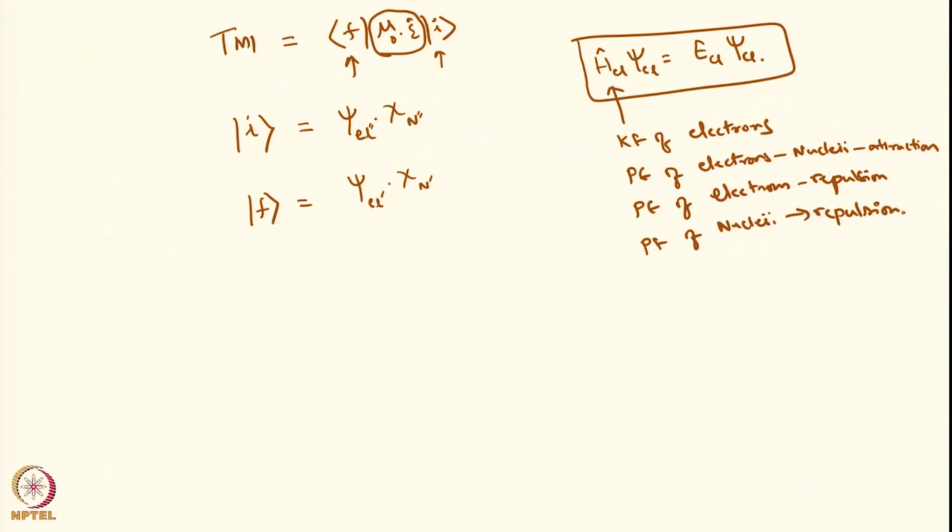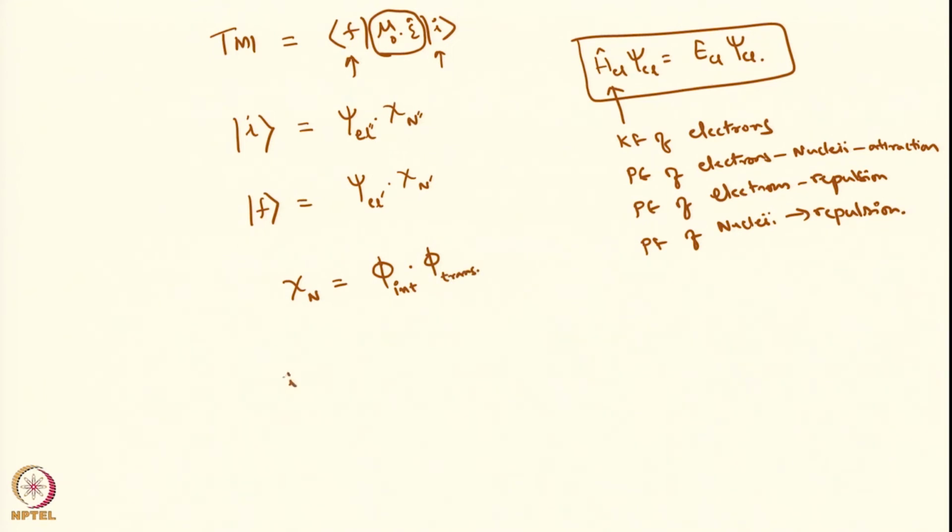Okay. Now, the chi nuclear will have two parts, one is what is known as phi internal, into the other thing, which is the translation. Okay.